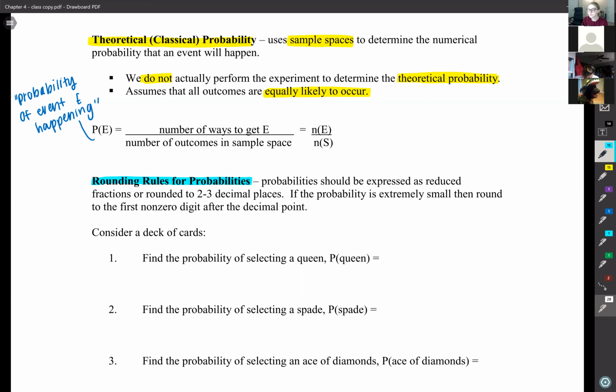I don't mind decimals, but like this says, either reduced fractions or decimals with 2 to 3 decimal places, so not huge decimals. You'll see some questions where it seems easier to leave it as a fraction, or where it would be easier to make it a decimal.